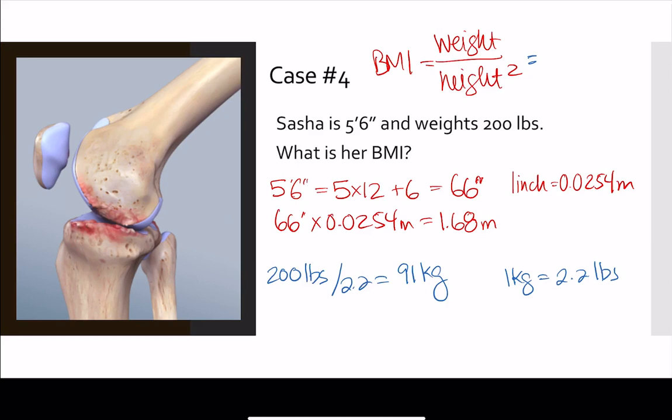So Sasha's BMI, she is 91 kilograms over 1.68 meters squared, which means her BMI is 32 kilograms per meter squared. So 30 is our cutoff for obesity.